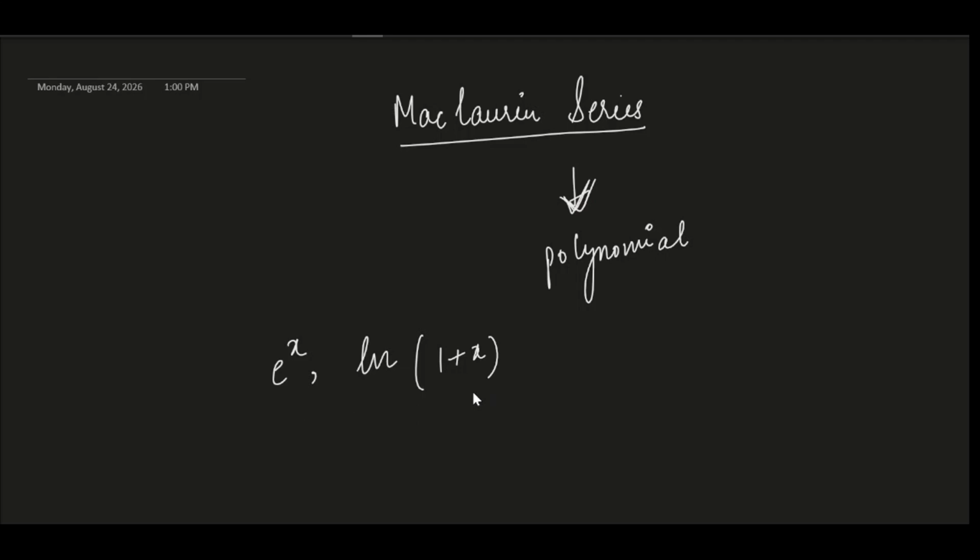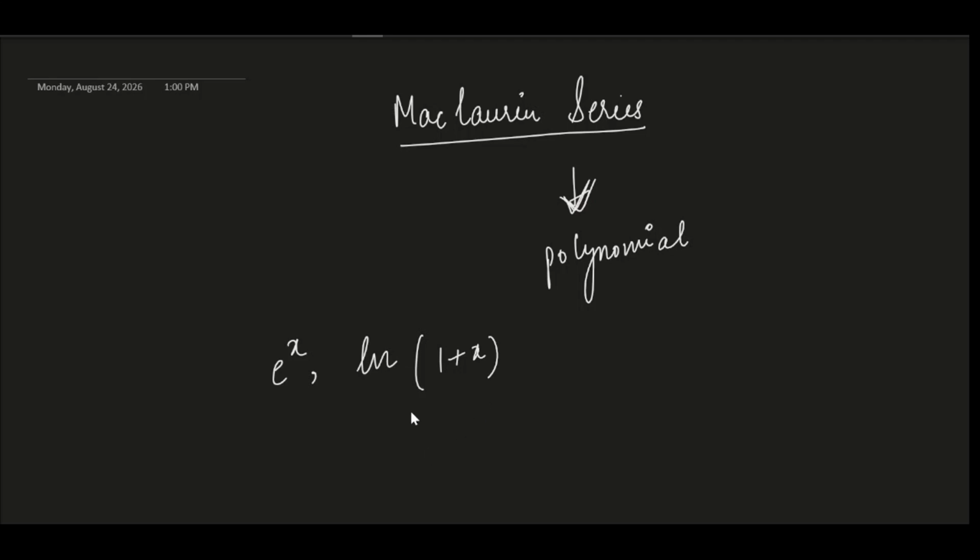These functions are not polynomials, so if you want to calculate them without using a calculator, it might be difficult. Maclaurin helps us replace them with polynomials so that we can expand them and find the values we want.